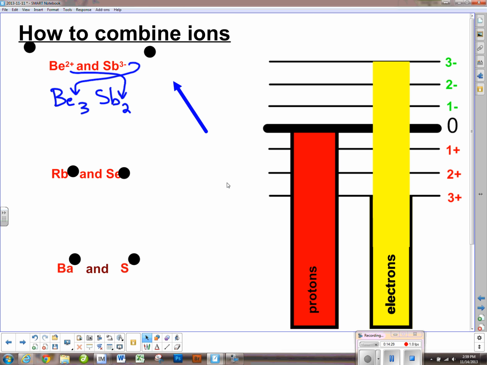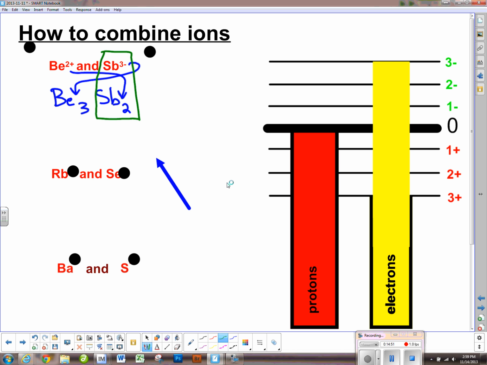Okay, now, here's how you check yourself. And watch what I'm doing. I'm grouping the antimonies first as the ion, which you see up here, and then as to how many we have. Here's the charge on the ion of beryllium. Here's how many berylliums we have.